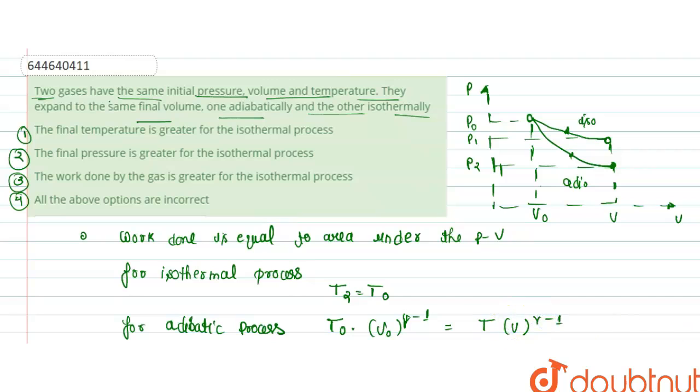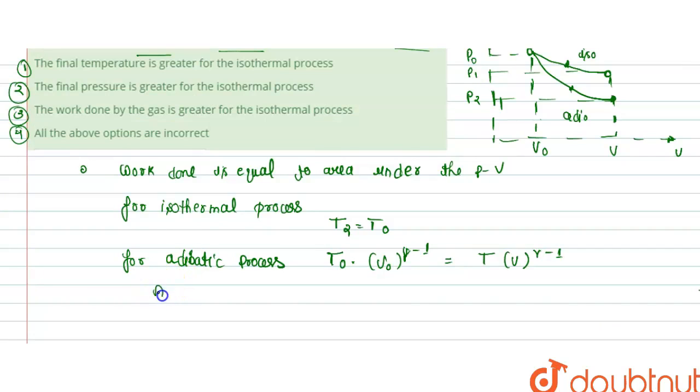Suppose this is equation 1 and this is equation 2. Considering equations 1 and 2, as V is greater than V0, T is less than T0.